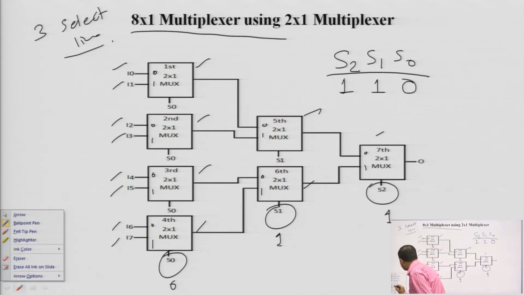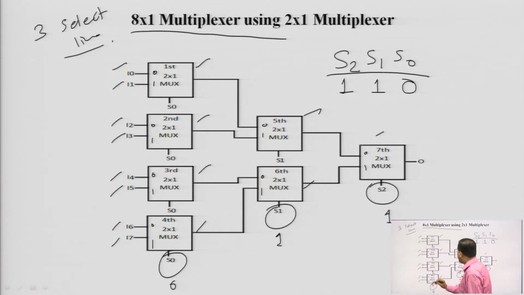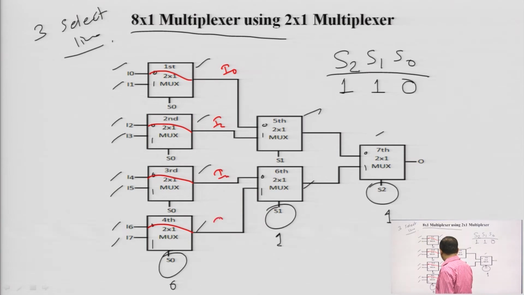Let us quickly check. For 0, all of these will be connected, meaning I0, I2, I4 and I6.